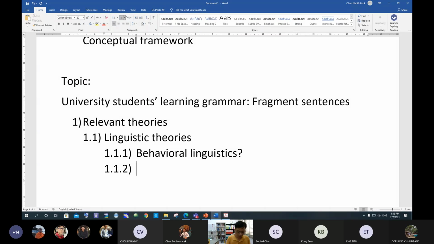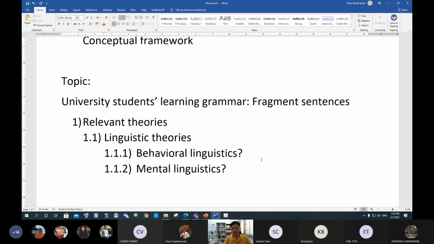And then mental linguistics, by Chomsky. When we talk about it, we are born with innate knowledge.